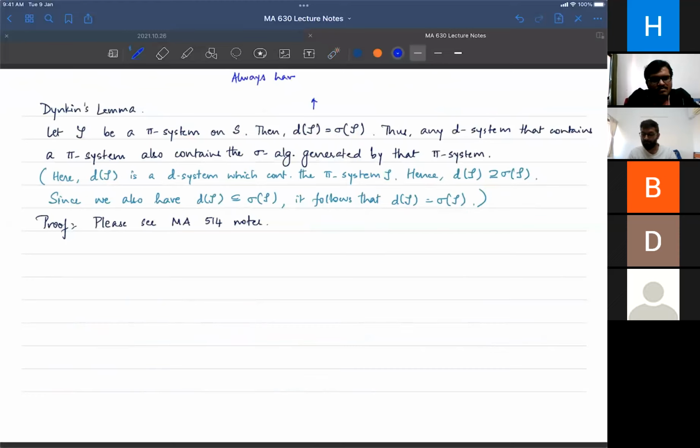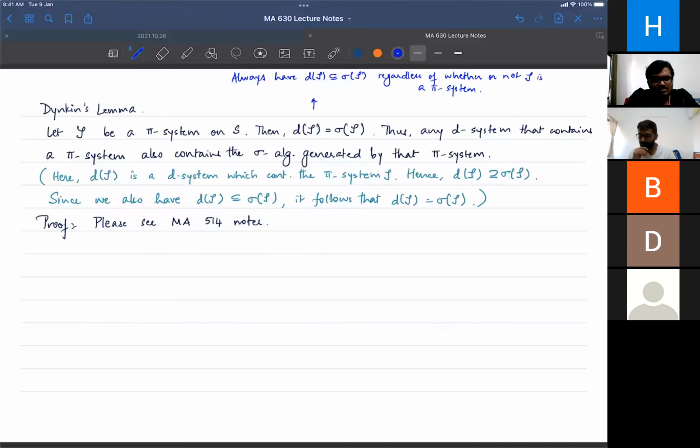Always have D of S subset of sigma of S, regardless of whether S is a pi system. But what Dynkin's lemma is saying is that if S is a pi system, then D of S actually contains sigma of S, and so the two are the same.